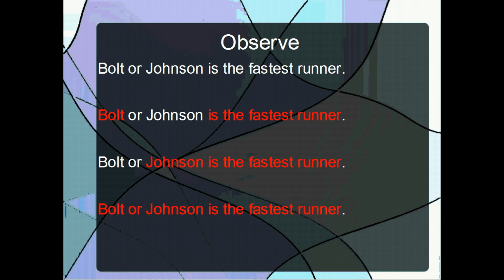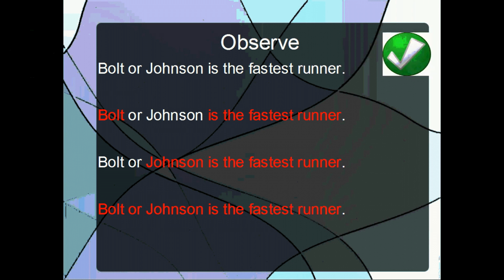Okay, so in these cases we have the predicates as the disjuncts, bacon or eggs. Now in this case we have the subjects as the disjuncts. So in the first case, the disjunctive proposition is Bolt or Johnson is the fastest runner. Now let's say they both win, they get the exact same time in the race. In that case, they would both be the fastest runners.